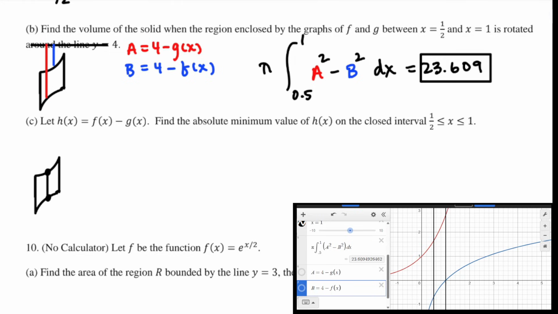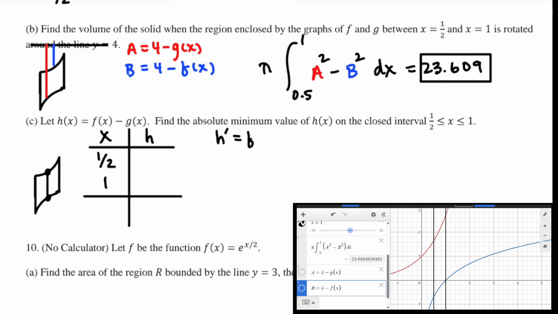Find the absolute minimum value of h of x on the closed interval 1/2 to 1. Okay, that's a closed interval. It's not an option. We need to justify our answer with a closed interval test. So we're going to go from 1/2 up to 1. And then we're going to say, where is h prime, which I know is f prime minus g prime, equal to 0.